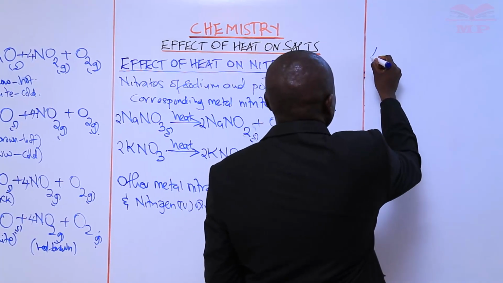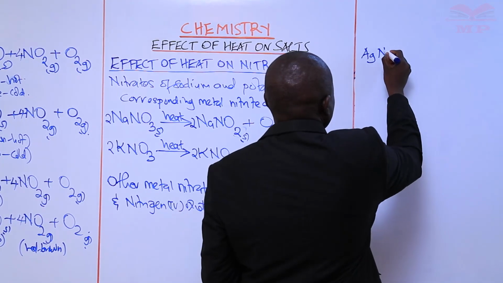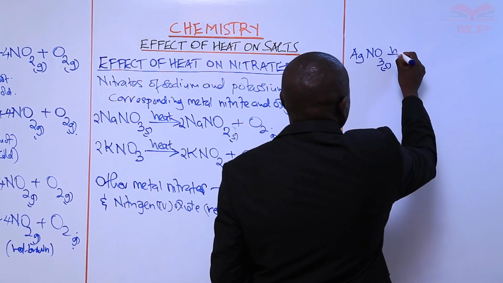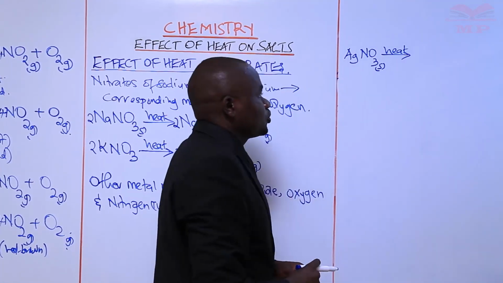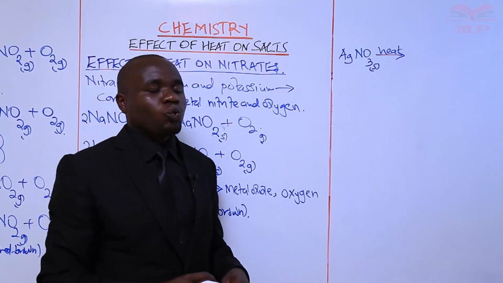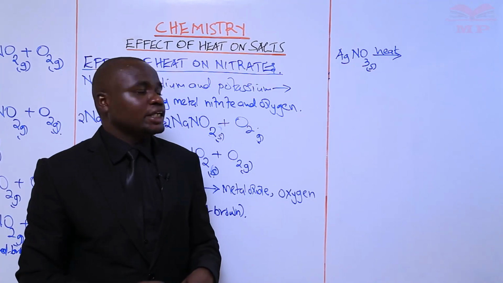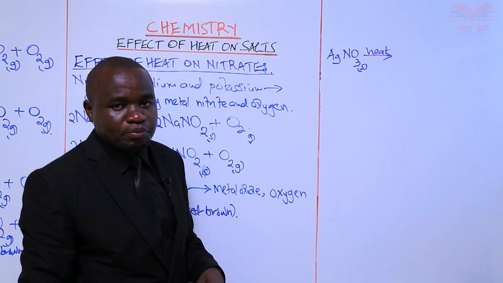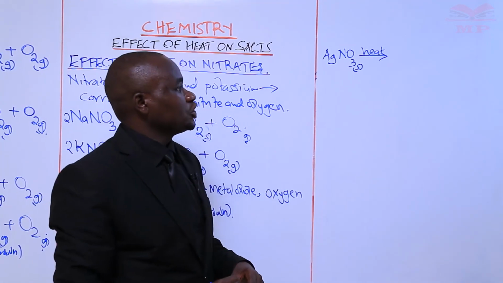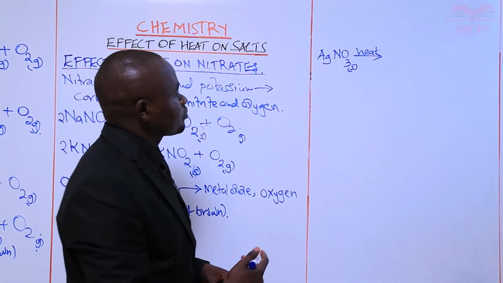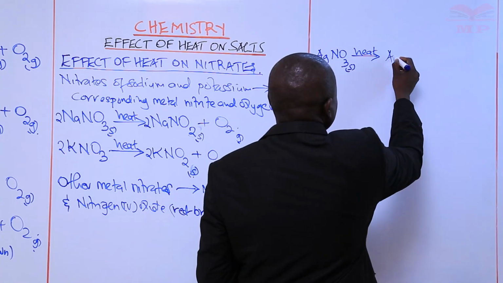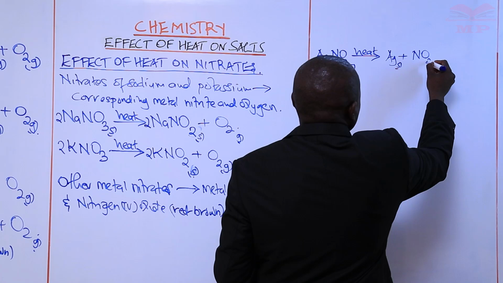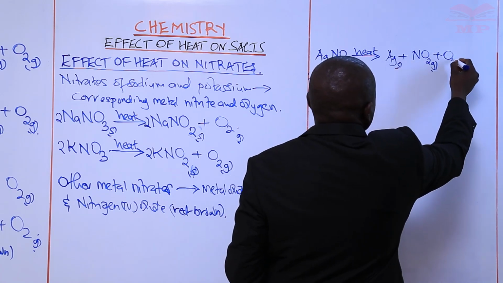So as you know very well, silver is a less reactive metal. So its nitrate, when it is acted upon by heat, decomposes to give you 3 products. So here we shall get the corresponding metal, and that is silver metal, plus nitrogen 4 oxide, and then plus oxygen.